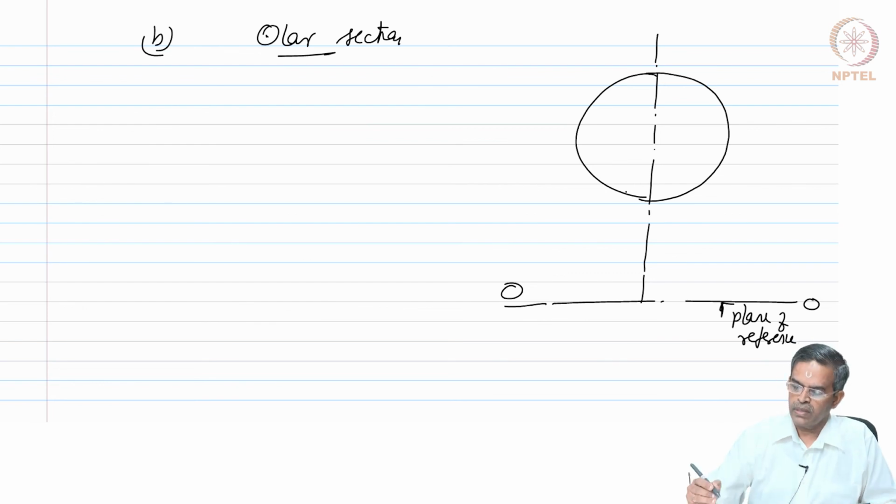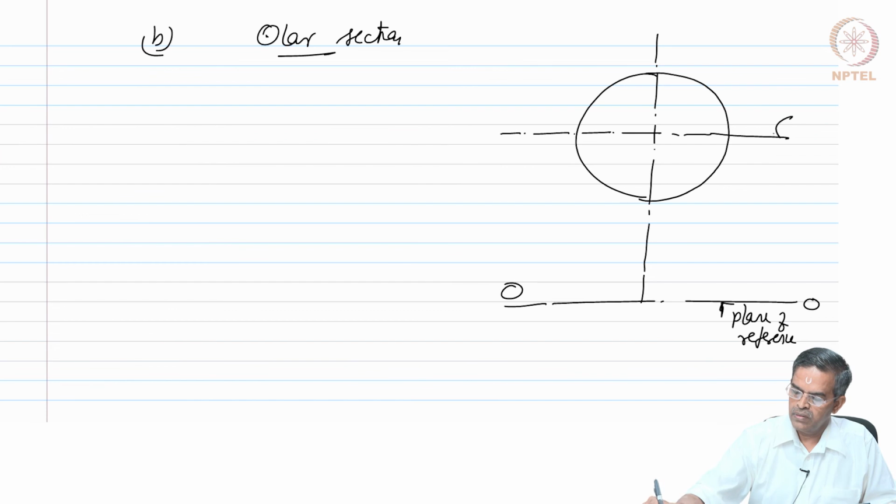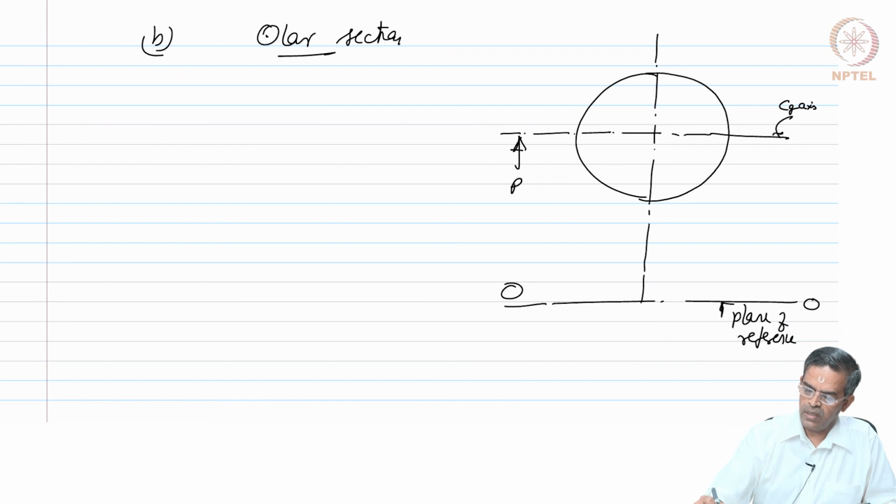Let us mark the critical points. We say this is my centroidal axis as usual, and that is always measured at distance R from the plane of reference.